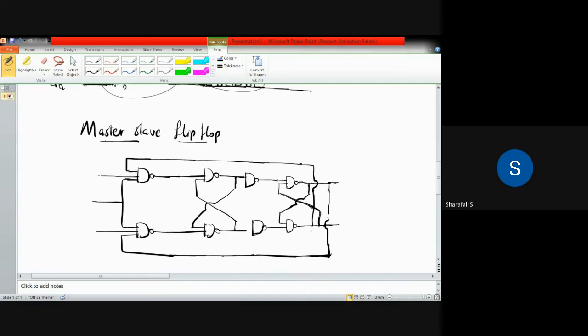This is how the master-slave flip-flop looks.